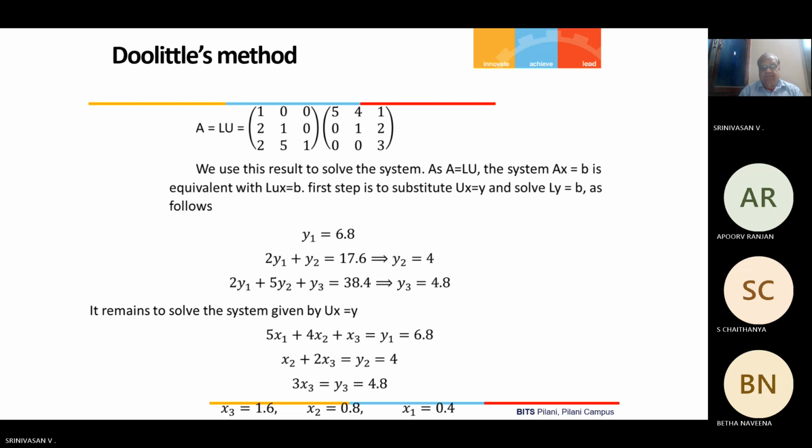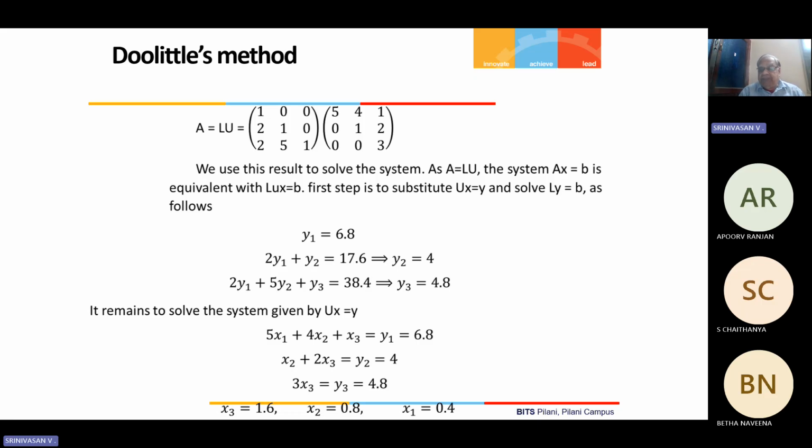17.6, 38.4. Isn't it? So now what is that?